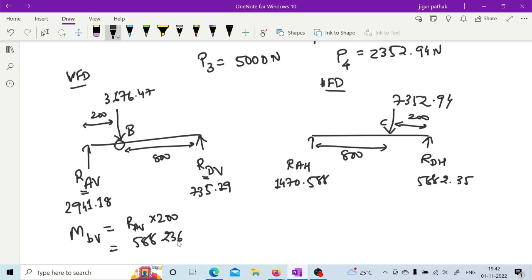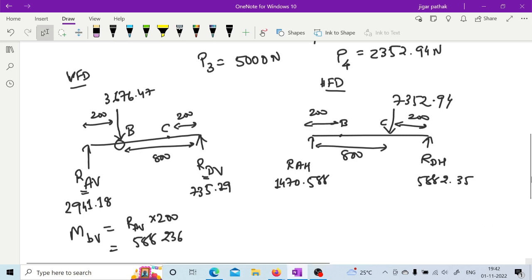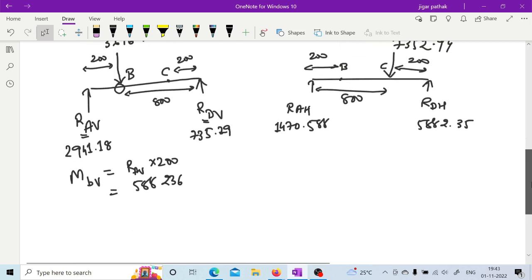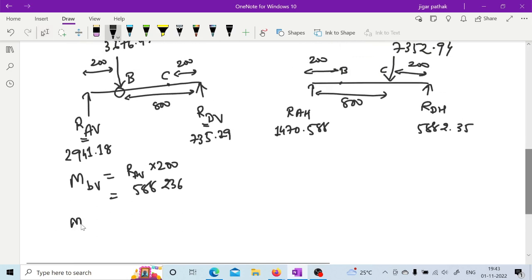588236 or 332, whatever. Similarly, you can calculate that MCV, because here also point C is there at 200 from this. And here also there is point B, which is at 200 from this point. So once you have calculated this MBV, you can calculate that MCV is equal to this RDV into 200.